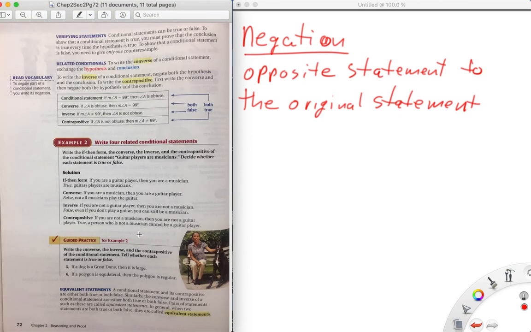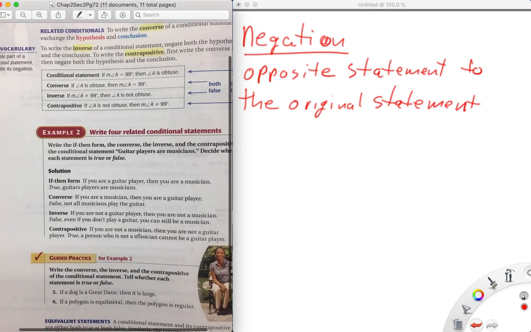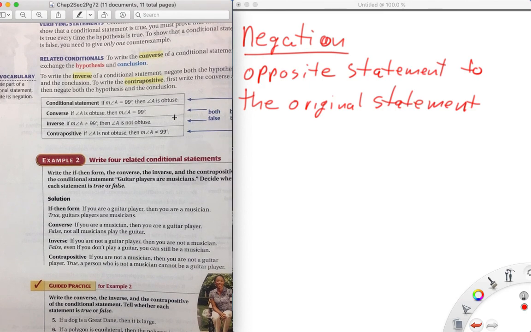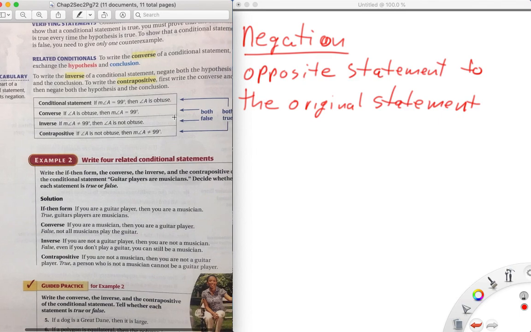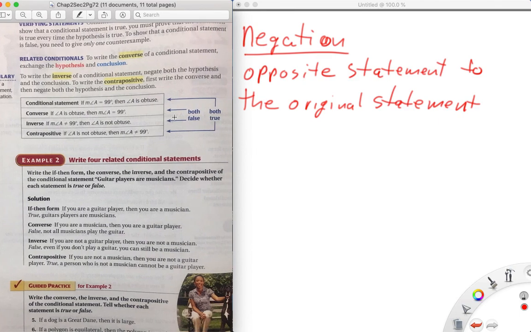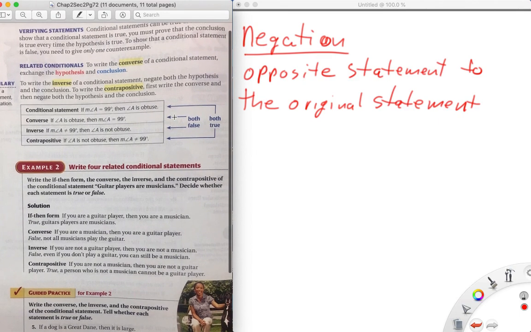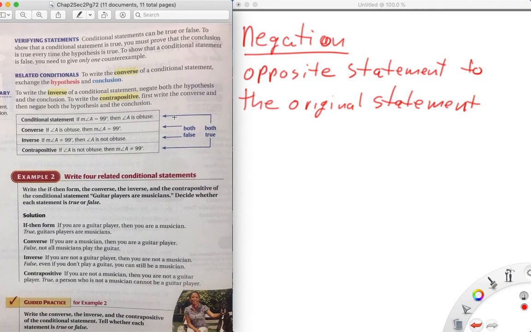Okay. When we talk about other words, we could talk about a few things about conditional statements.